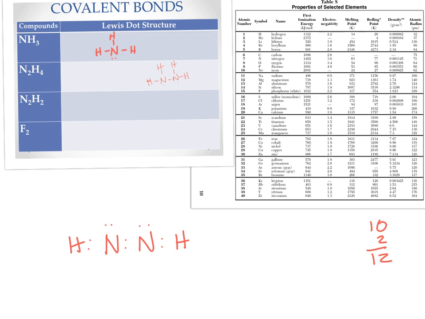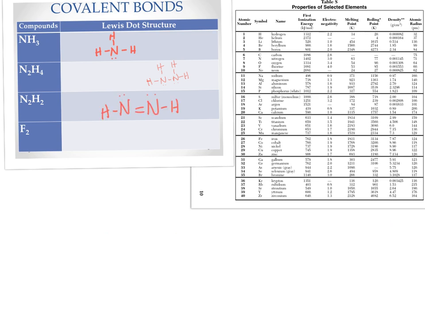What we can do instead is put the 2 valence electrons in the middle. When we put them in the middle, we now have 2, 4, 6, 8 around N, and 2, 4, 6, 8 around the other N. And so now we have a total of 2, 4, 6, 8, 10, 12, and that is 12 valence electrons. So we can't write it like this, and we're going to rewrite it with the lines.